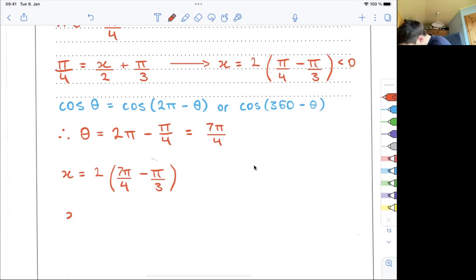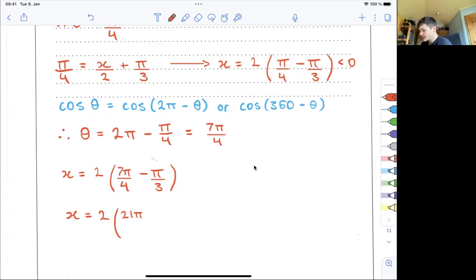This is going to equal 2 lots of, to get a common denominator, we can go with 12. We have 21 pi, because to get the denominator 4 to become 12, we have to times it by 3, so we have to times its numerator by 3 as well.